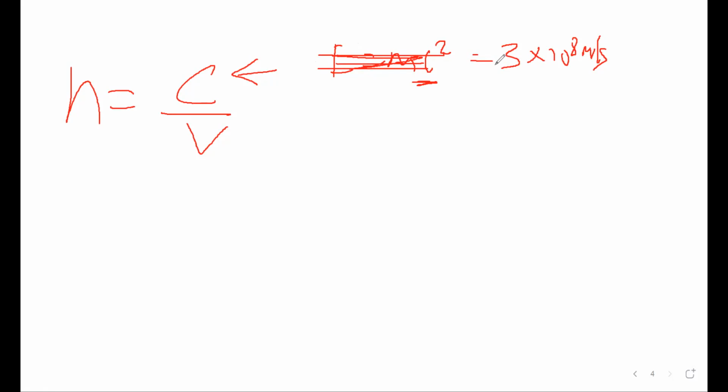You need to know this number. It's like the same as your gravity number. It's 3 times 10 to the power of 8 meters per second, and this is the speed of light. And this v here is basically the speed of light in a medium.